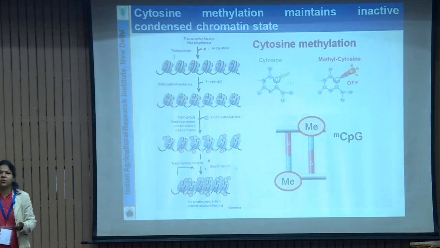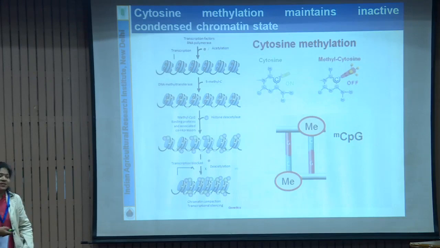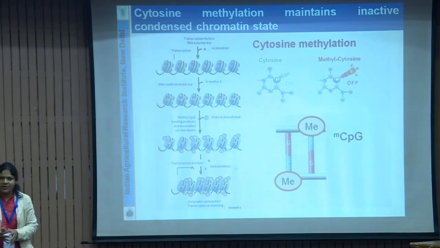That is the change which methylation brings. Whenever there is methylation of DNA, the chromatin which was actually loose gets compacted. Now you can imagine that this compact chromatin or compact DNA does not have any space where RNA polymerase can bind, where transcription factors can bind. So as a result, whatever genes are here, they are not able to express.